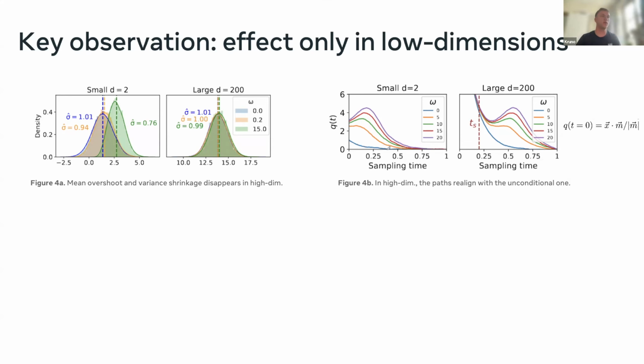What is x and what is m? x is just the particle that moves from Gaussian noise and that should end up at the target distribution. So this should say x of t. And m here is my target mean.